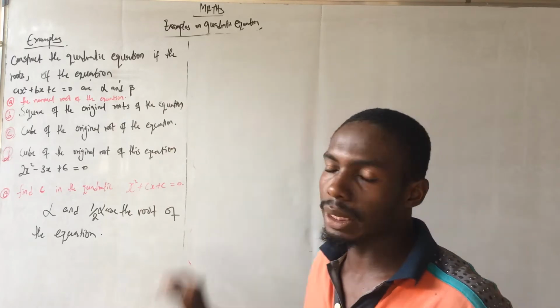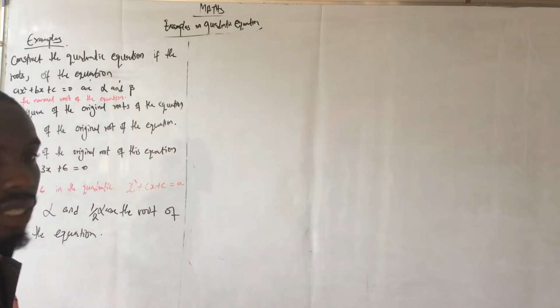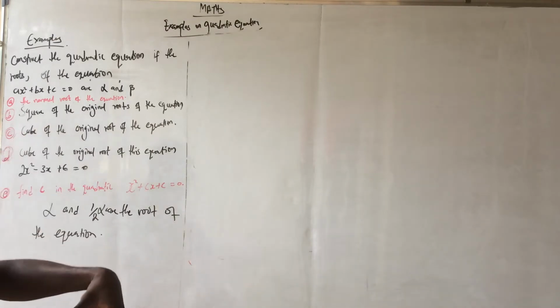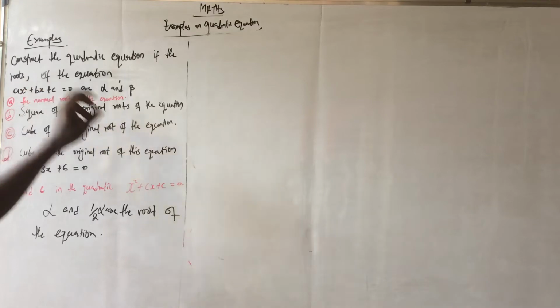Example C and example D. So without wasting time, we move. Example C says we should construct the quadratic equation whose roots are the cubes of the original roots of this equation.